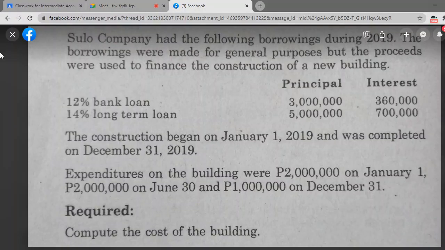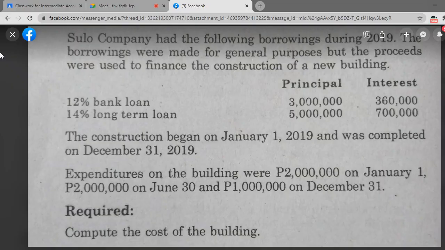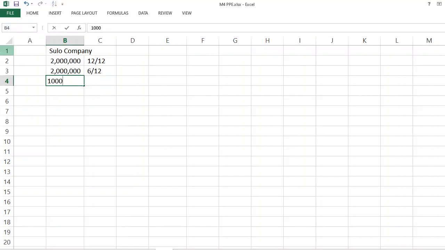And for June 30, we incurred another 2 million. Therefore, pila lang siya ka-months nga nagamit sa construction from July 1, August, September, October, November, December. So, that is 6 over 12 months. And lastly, the 1 million, which was used on December 31. So, sa year end, therefore, zero na. Okay?